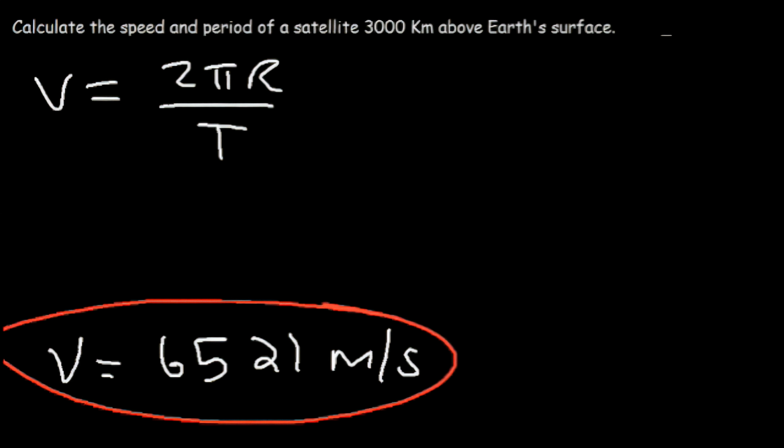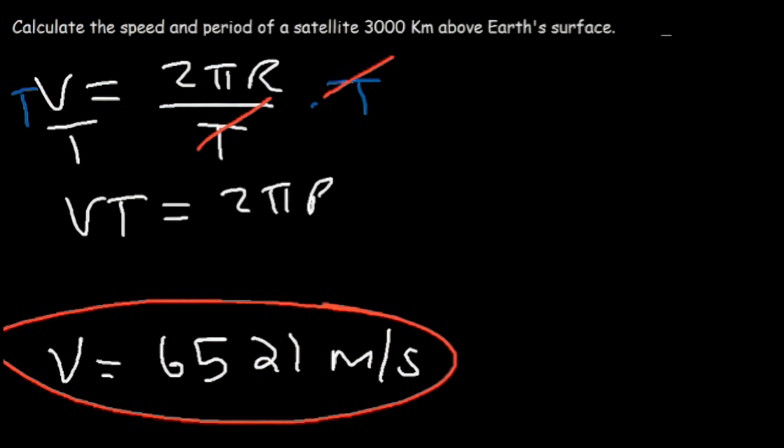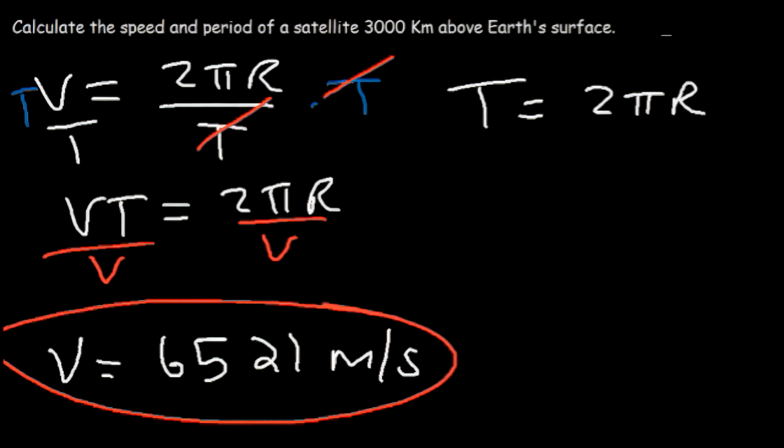So what we can do is multiply both sides by T, and that's going to give us vT is equal to 2 pi r. And if we divide both sides by the velocity, we can see that the period is equal to 2 pi times the orbital radius relative to the center of the Earth divided by the speed.